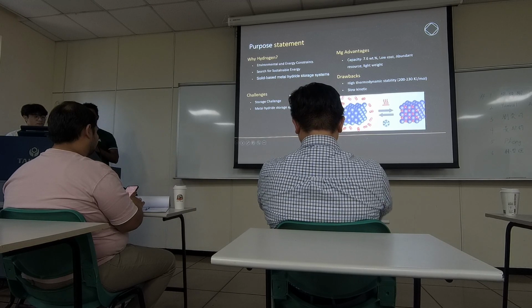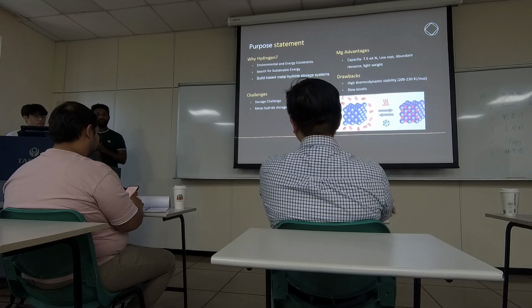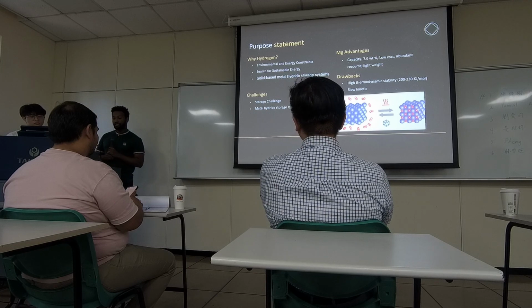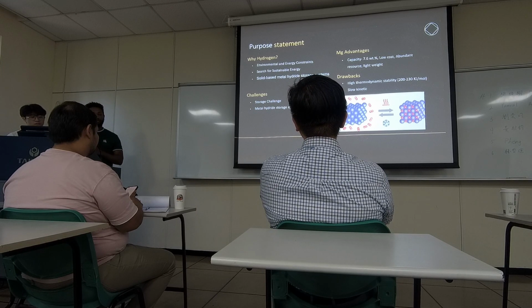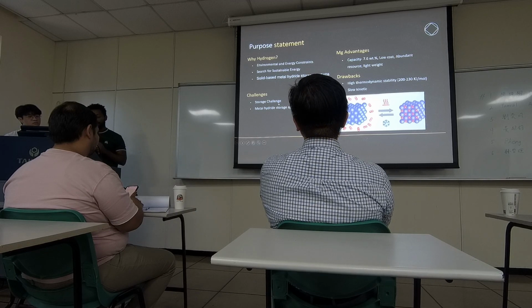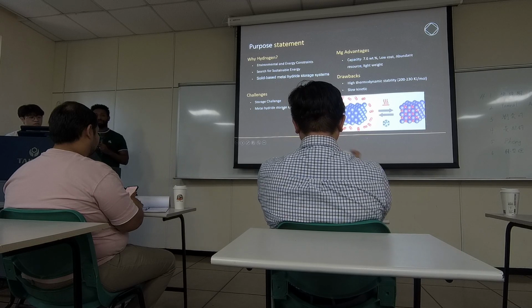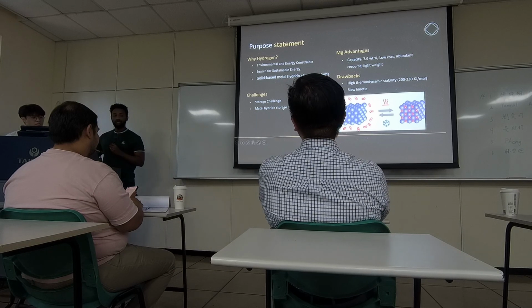Hydrogen is undoubtedly a good source of energy for our future Earth, but there are some challenges. The challenge is storage. So we have to find a good hydrogen storage material, and researchers propose metal hydride for storage of hydrogen.